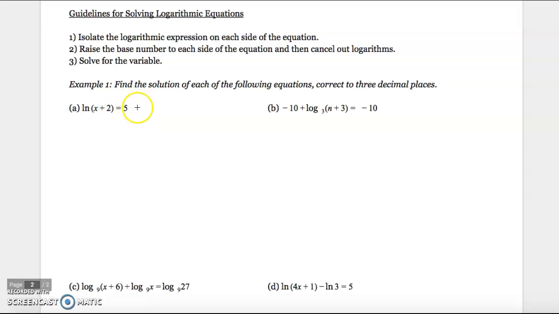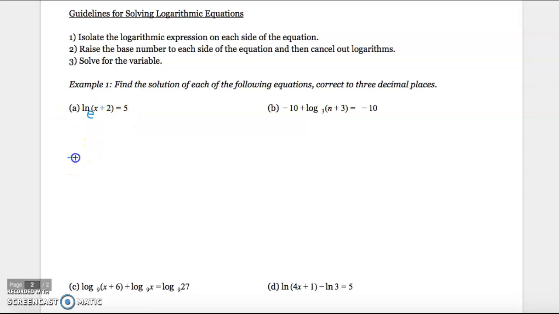My right side doesn't have any, so just my left side. Yes, my logarithm is by itself. Then I'm going to raise the base number. What's the base of this logarithm? Hopefully you remember the base of any natural logarithm is the secret base e. So I'm going to raise e to both sides of this equation.